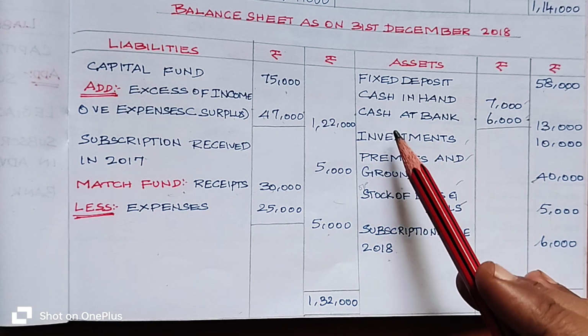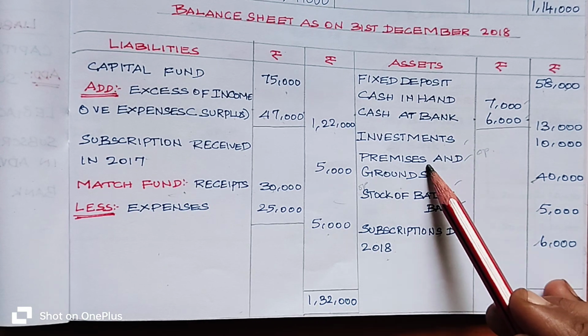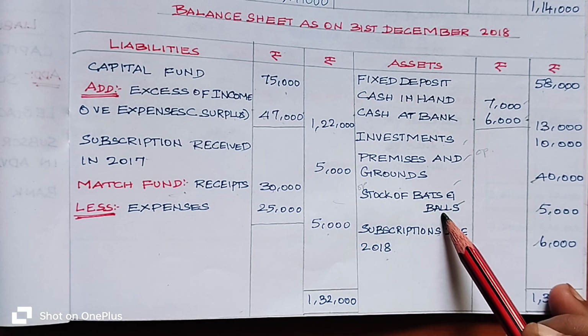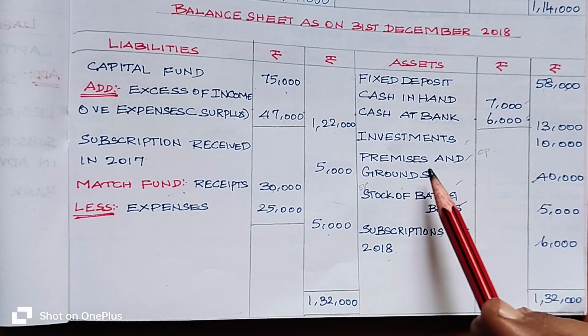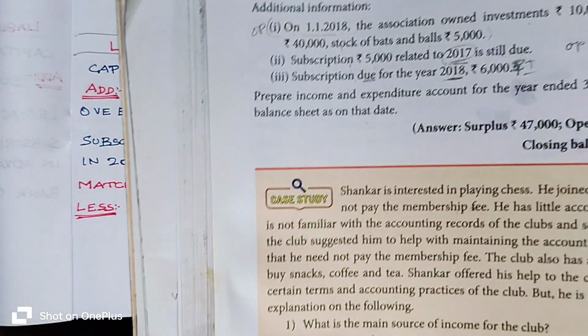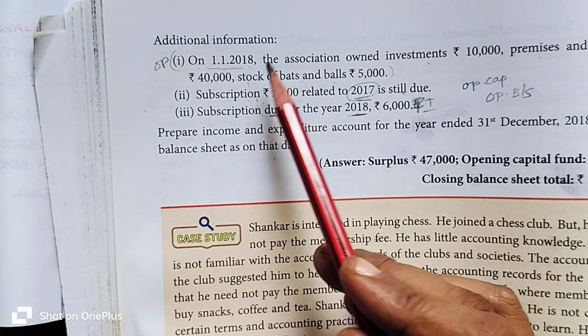But listen here, this is the opening balance of the investment, the opening balance of the premises and grounds, and the opening balance of the bats and ball. Why do we enter them here? Because all these items we enter at the beginning of the accounting year, 1/1/2018, when we start the business.